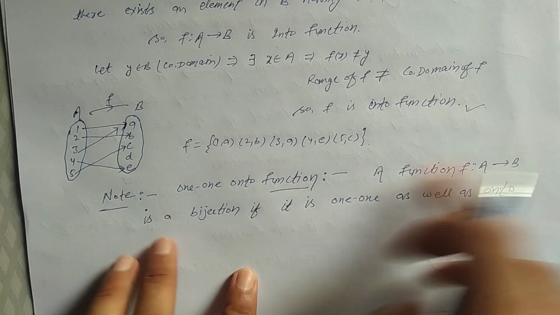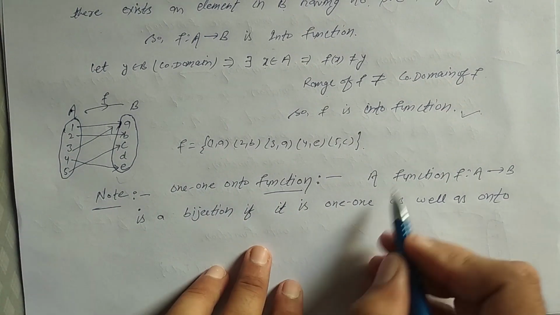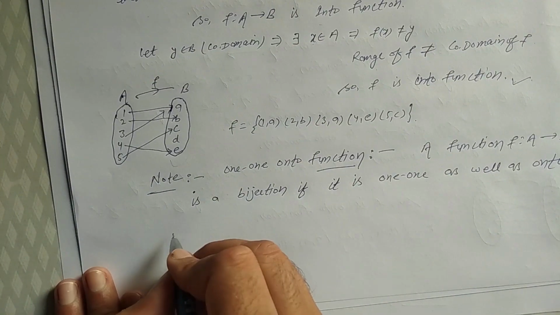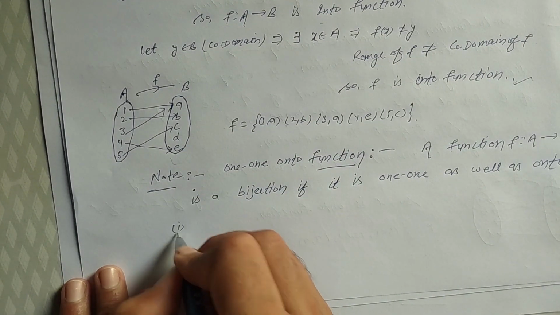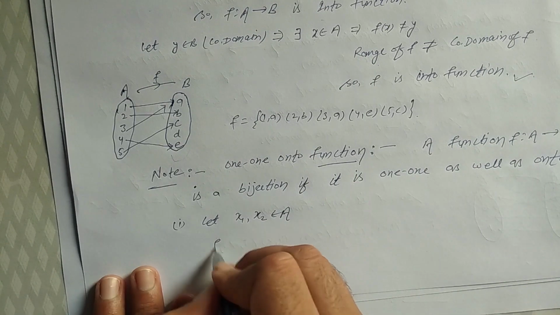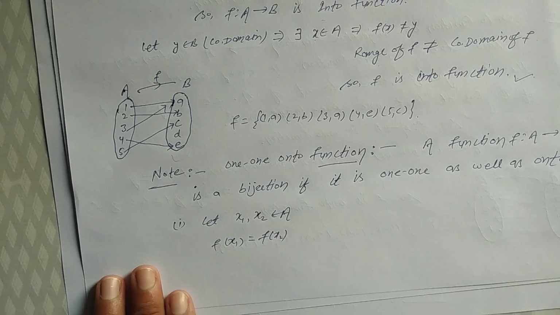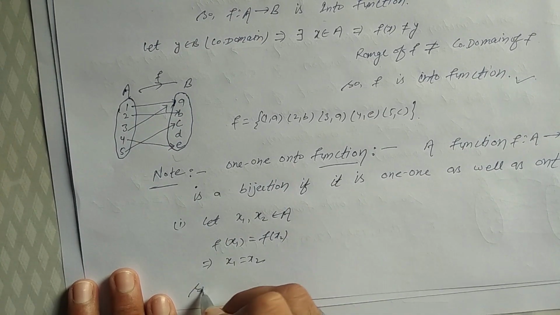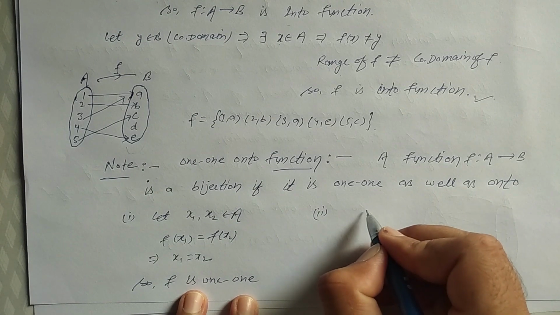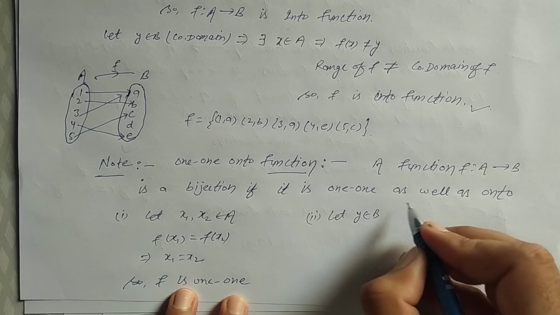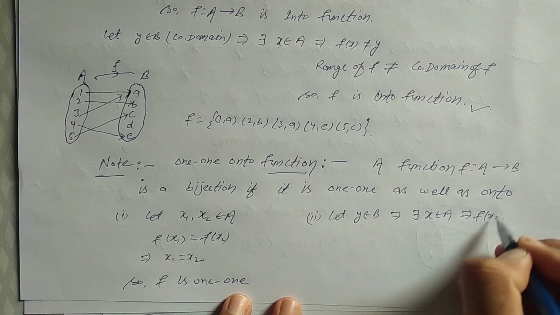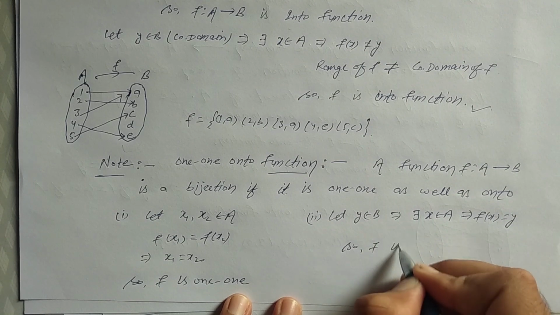A function f from A to B is a bijection if it is a one-one function and an onto function, that is, let x1, x2 belong to A, f(x1) is equal to f(x2) implies x1 is equal to x2, so f is one-one. And for y belonging to B, there exists x belonging to A such that f(x) is equal to y, so f is onto.